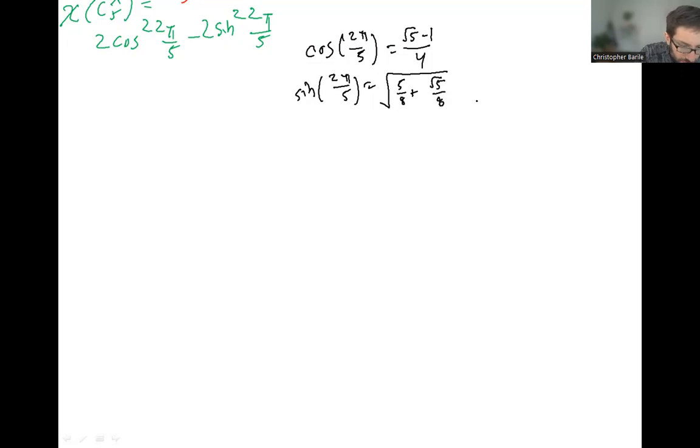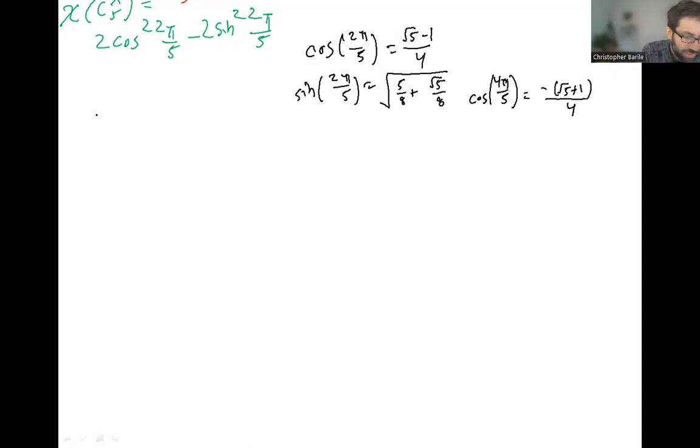And then the last one that we're going to need at the end is cosine of 4 pi over 5 is actually equal to negative quantity root 5 plus 1 over 4.